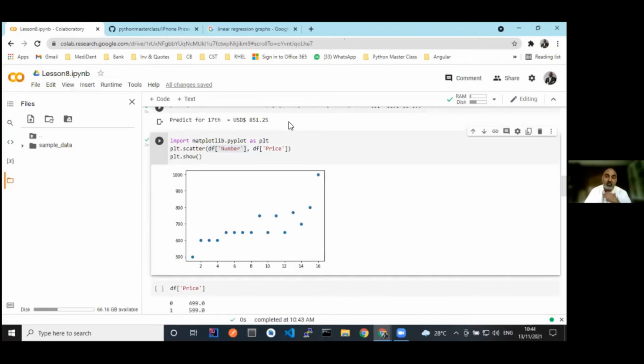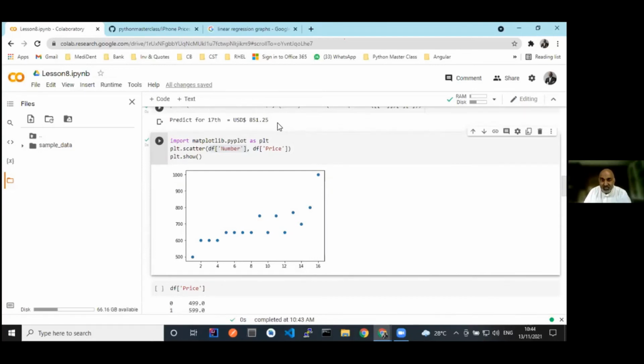So if I wanted to save money for buying the latest iPhone, I know roughly I need about $850 to buy this phone, which is about 3,200 or 3,400 ringgit. All right.